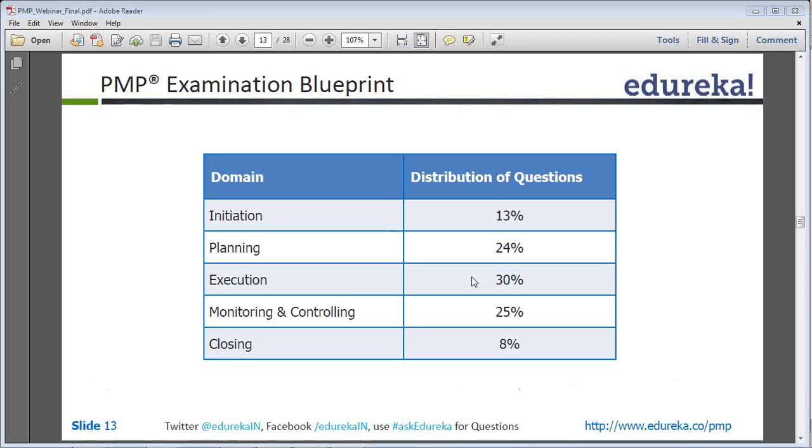Execution means where you have executed the project. That does not mean, say, in case of an IT project, if it is software development, if you are writing programs, then it is not execution. If you are testing the program, it is not execution.